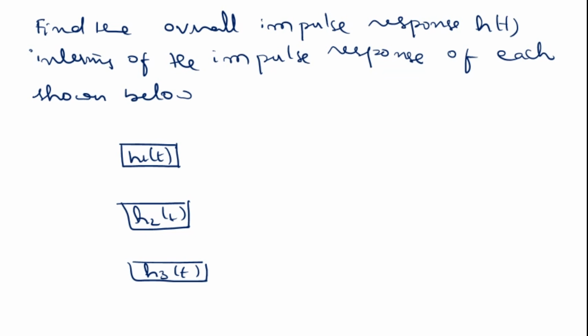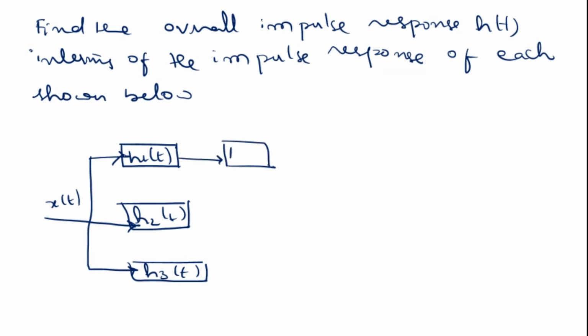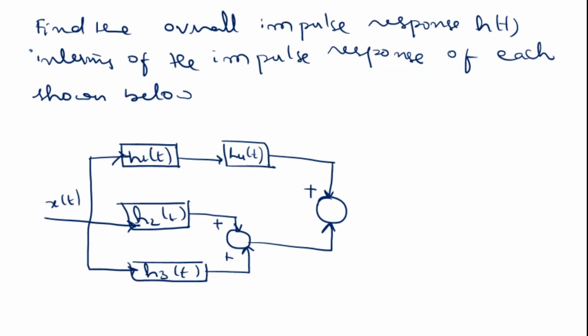Input is x of t, then h4 of t. h2 of t and h3 of t are combined, plus minus, then h5 of t, and the output is y of t.